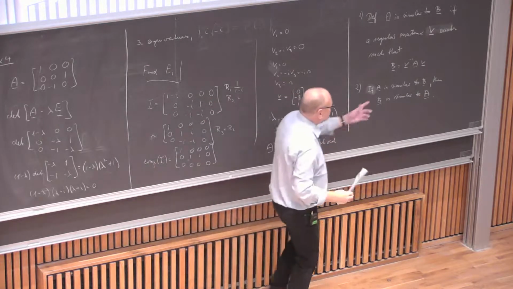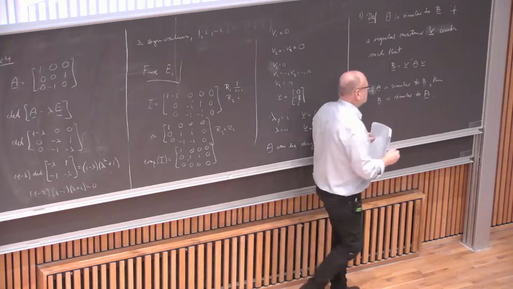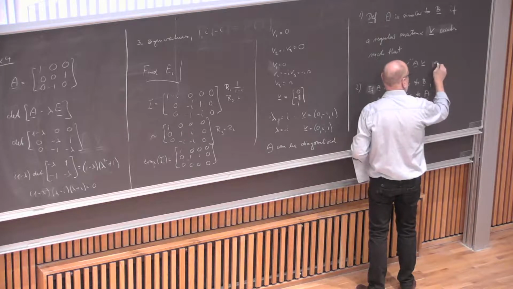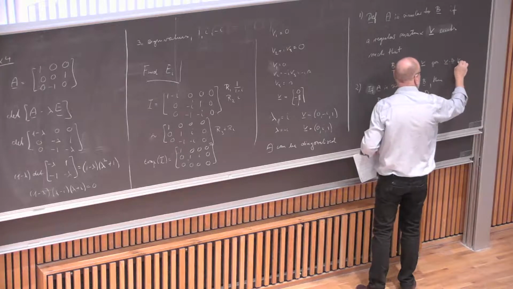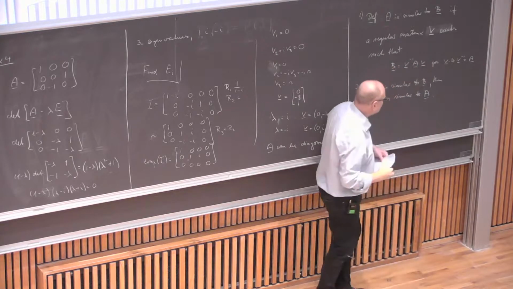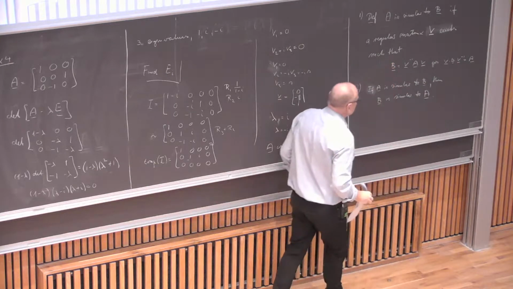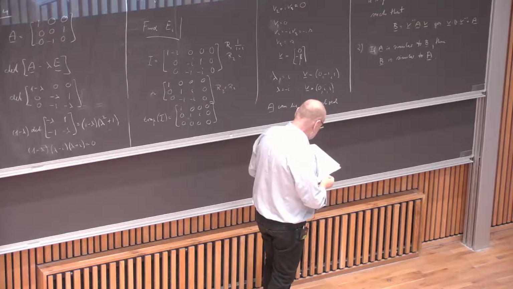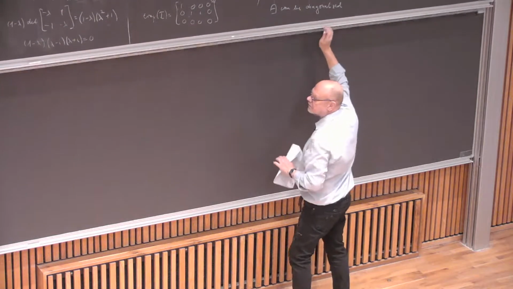And this is easily shown because you can multiply this by V on the left. And so this is equivalent to V times B times the inverse of V equals A, like this. And if V is regular, so is the inverse of V. So this is easy. Take this other one here.